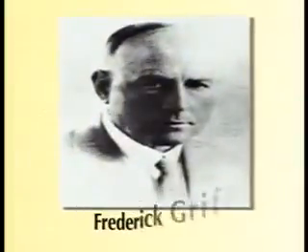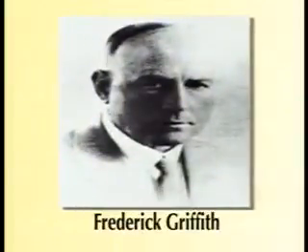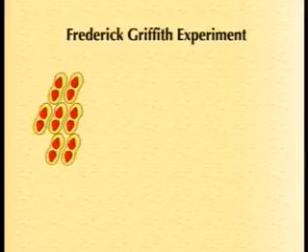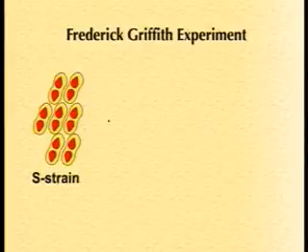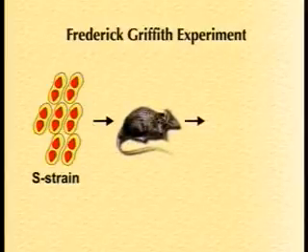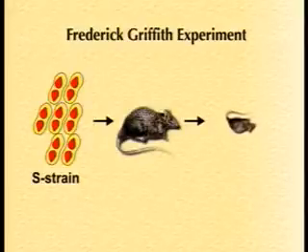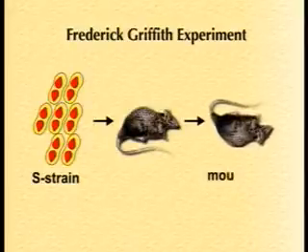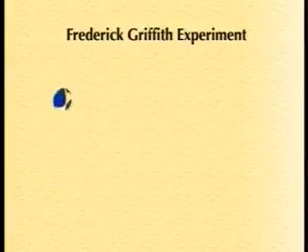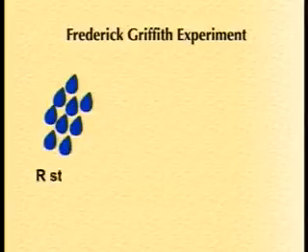The demonstration of this bacterial transformation by Griffith was the result of a few consecutive steps. In the first experiment, when he injected mice with the S strain of this bacterium, the mouse died. Second, when he injected the mouse with the R strain, the mouse survived.